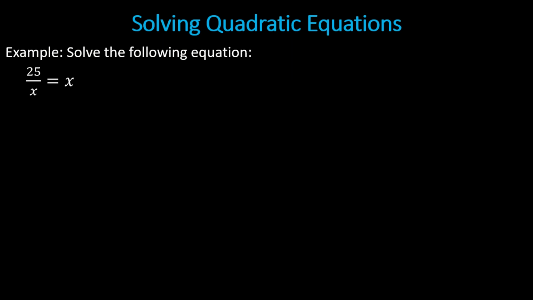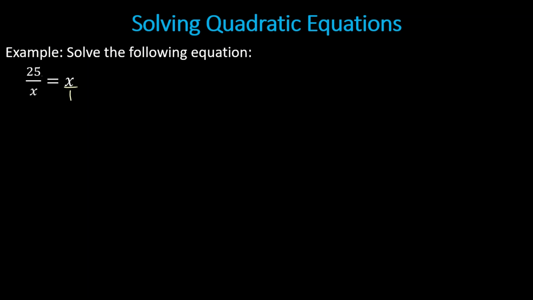Here we have 25 over x, which is a fraction on the left, only one fraction on the left, equal to x on the right. Now, the right hand side of the equation is x, and x we can write as x over 1.